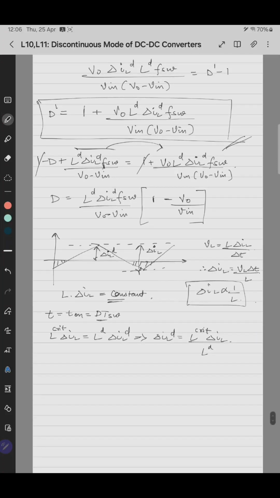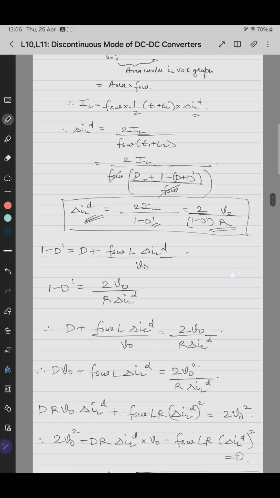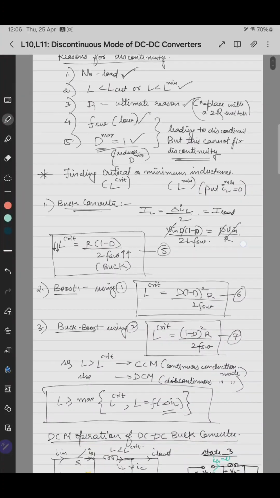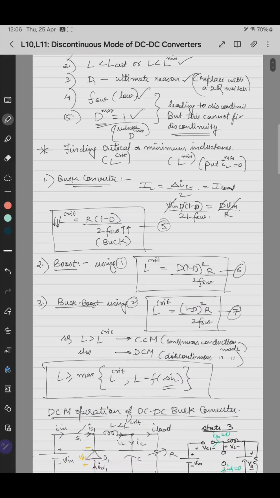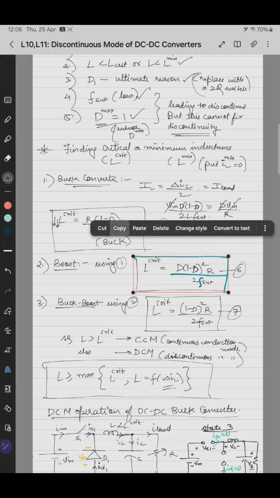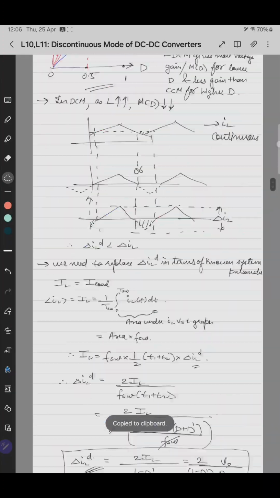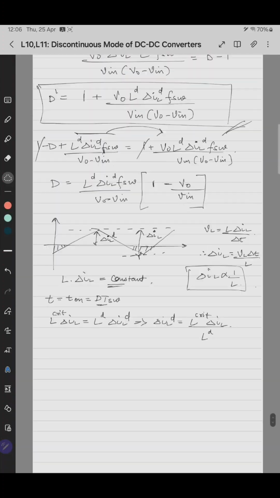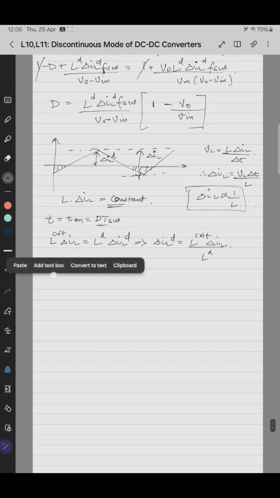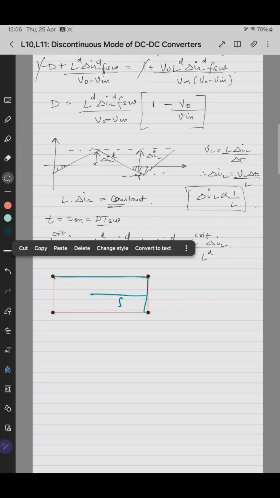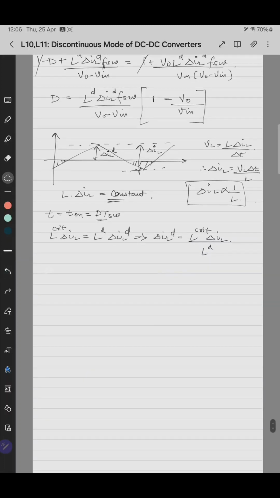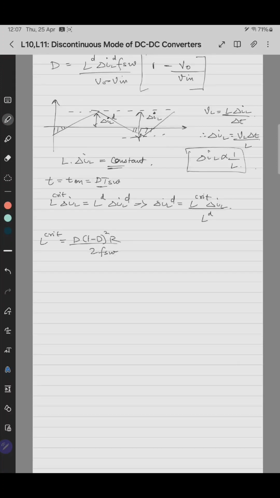So L critical for boost converter we have written already. L critical is what? This one. So this is the L critical.